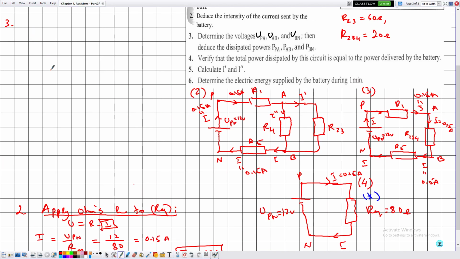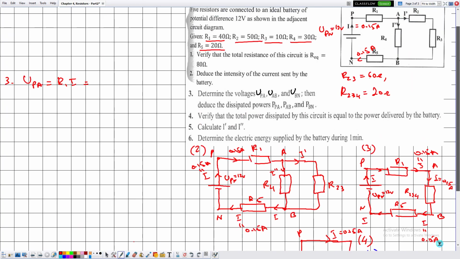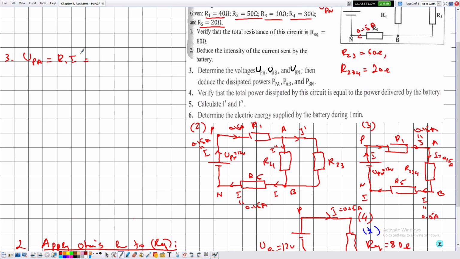So no need to mention Ohm's law because it has already been mentioned once in this exercise. So UPA is equal to R1 multiplied by I, which is equal to the value of R1 given by 40 multiplied by 0.15, which is equal to 6 volts.